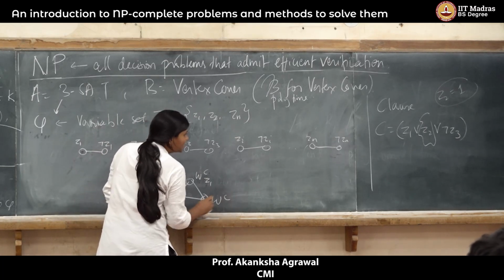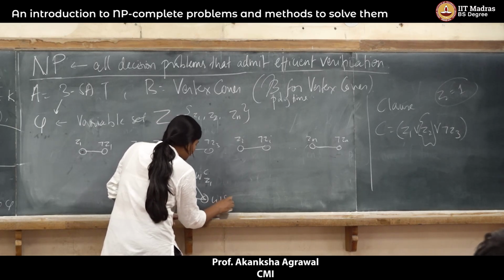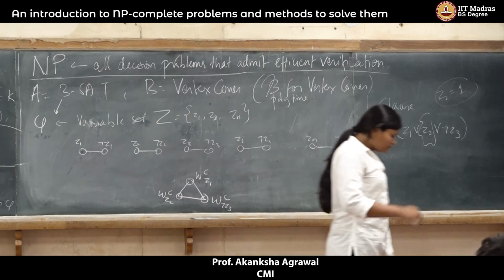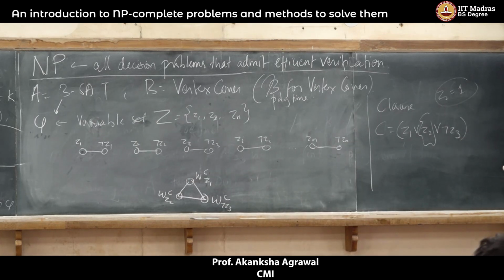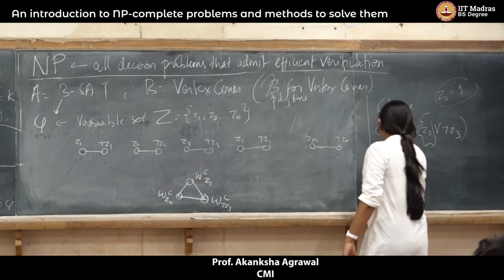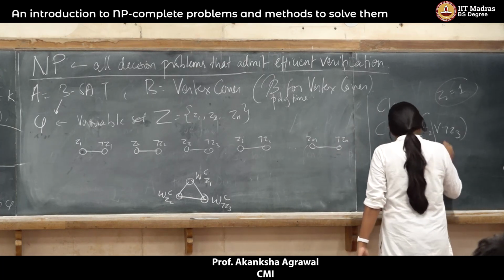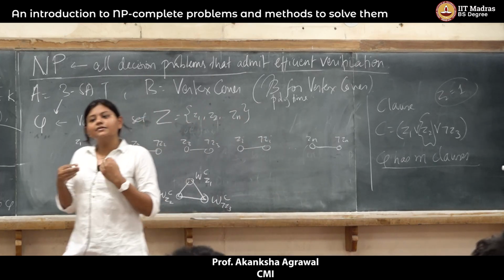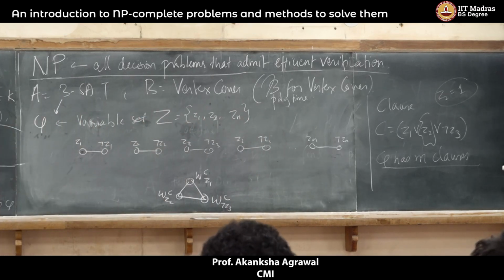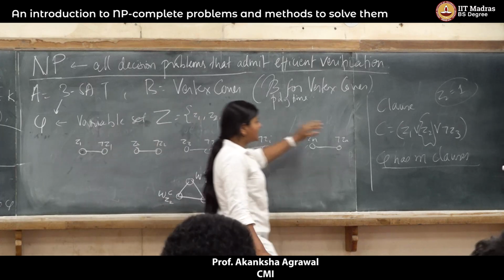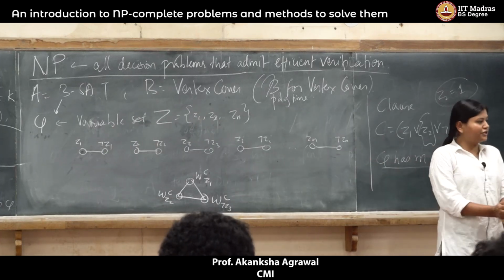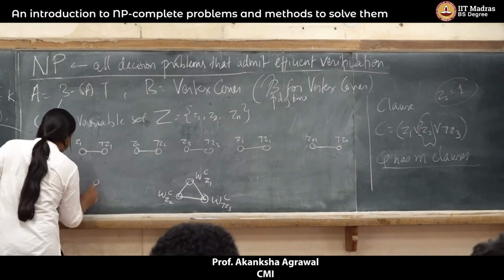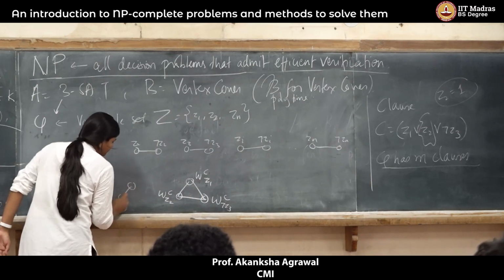For the clause C and the literal not of z3 appearing in this clause, I create a vertex. So in this process, if phi has m clauses, I will create 3m many new vertices. 2n vertices I have already created, and for every clause I create 3 new vertices, and I make them a triangle. So for each clause I will have such a triangle.